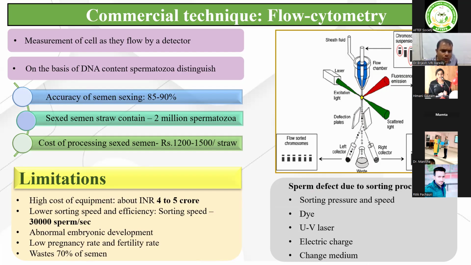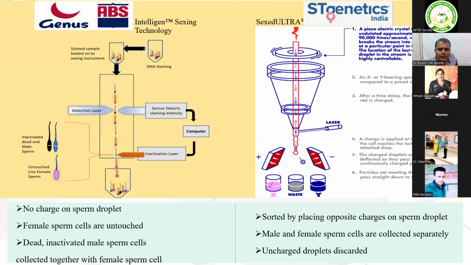Very costly equipment, lower sorting speed and efficiency, and sometimes abnormal embryonic development, low pregnancy rate and fertility. In India, only two companies are leading. One is Genus Breeding ABS, and the second one is ST Genetics.